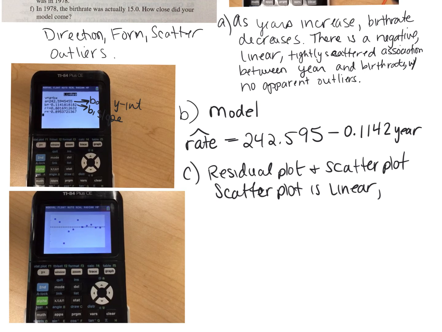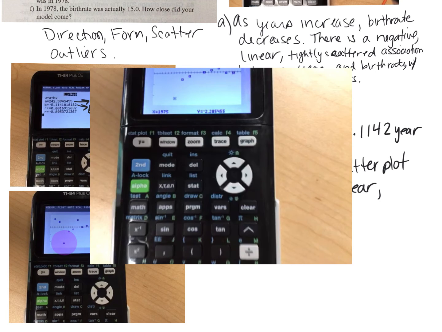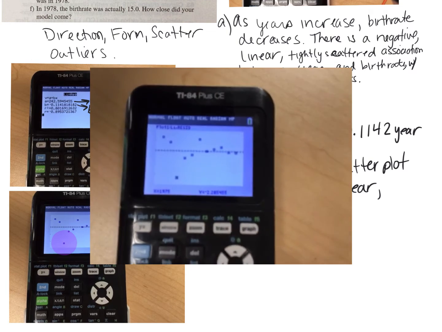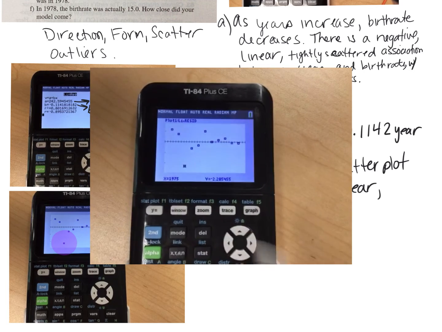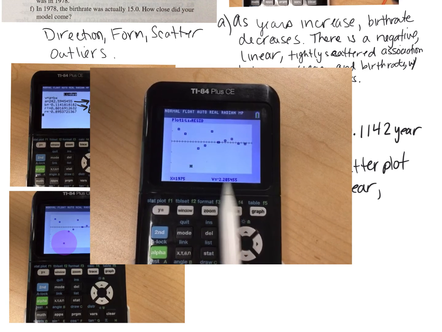So this residual plot has random scatter. That might be a little residual, like kind of an outlier. It's a bit farther than the rest of the data. But overall, our numbers are pretty small. If you hit trace, you'll find that your largest residual is 2.2. If I look at my graph and I hit trace, it's going to tell me the value of all of those residuals.